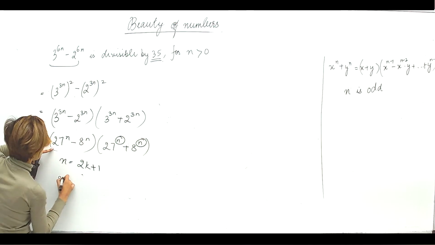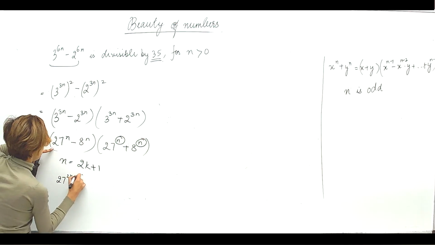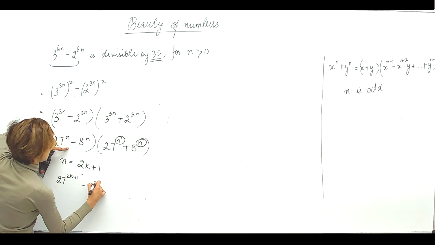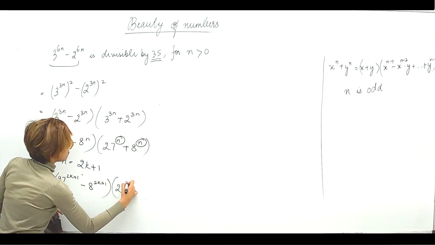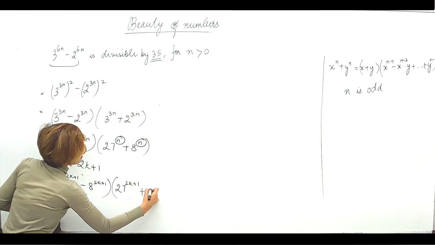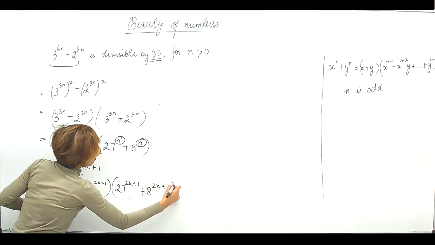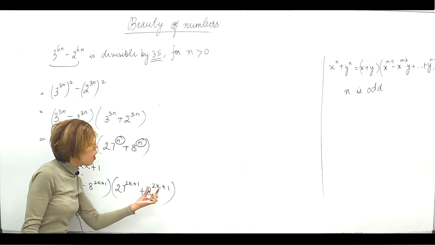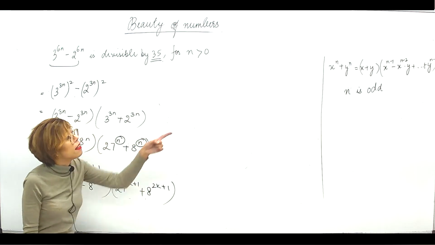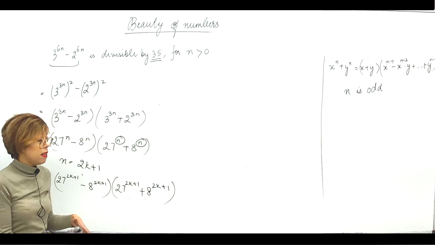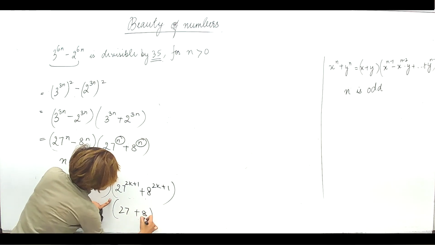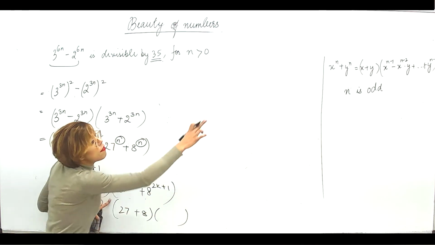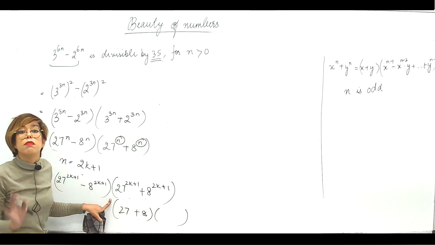So 27 raised to 2k plus 1 minus 8 raised to 2k plus 1, into 27 raised to 2k plus 1 plus 8 raised to 2k plus 1. Now I know that this is odd, so I can factorize it like that. So this is nothing but 27 plus 8 into some quantity which will definitely be an integer.